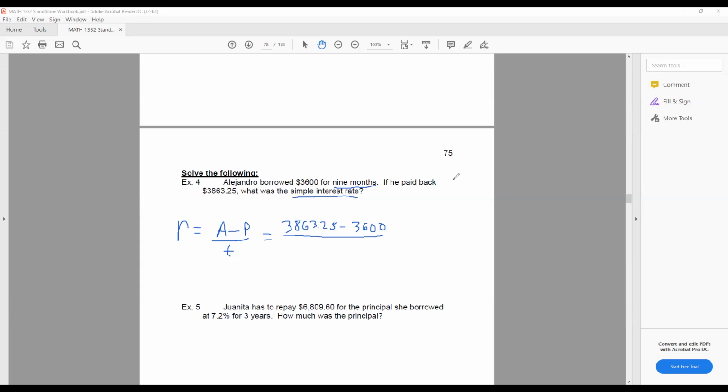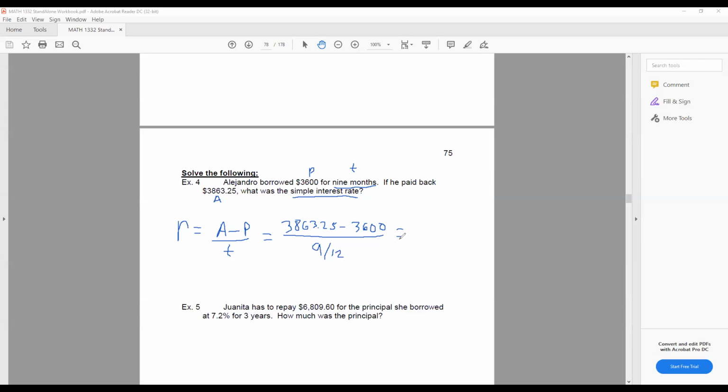So here's A, the future amount that he paid. P, principal, what he borrowed. This is time. We gotta fix time. Time's gonna be 9 out of 12 months. So you're gonna have to plug it in like this. Then you're gonna get a decimal at the end.